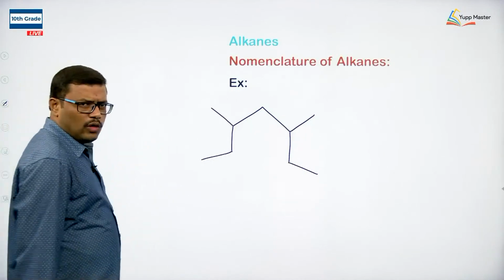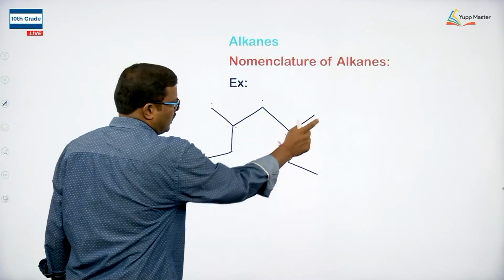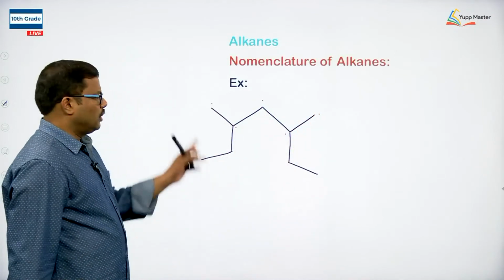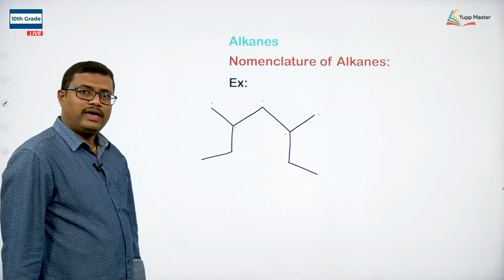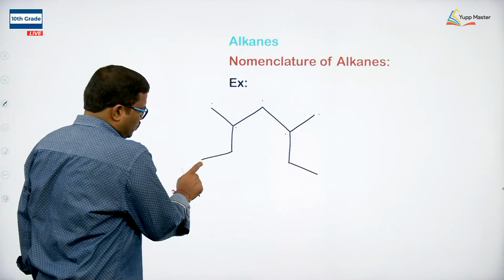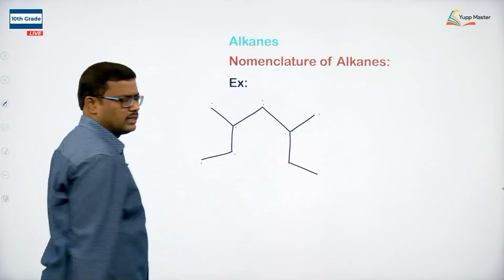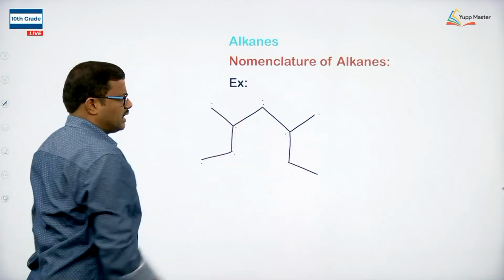If you go in a straight fashion, first carbon, second, third, fourth and fifth carbon, in this direction we get only 5 carbon atoms in the straight chain, and if we move in this direction, 1, 2, 3, 4, 5, 6, here we get only 6 carbon atoms.